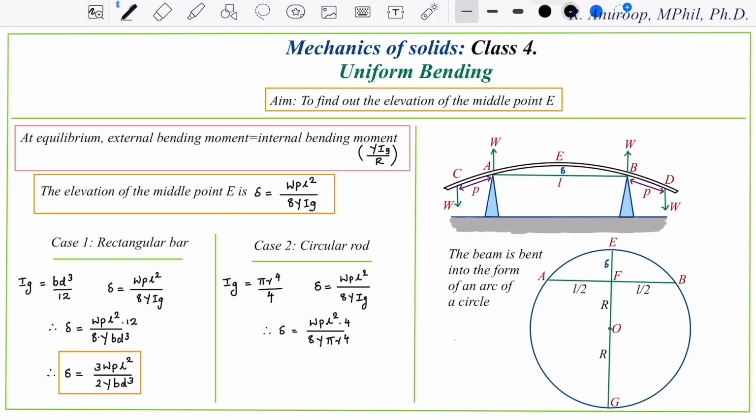Therefore, the elevation delta is W P L square divided by 2 Y pi r raised to 4. This is the elevation of the middle point when a circular rod undergoes uniform bending.